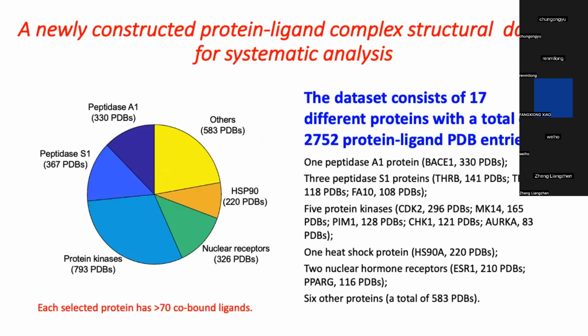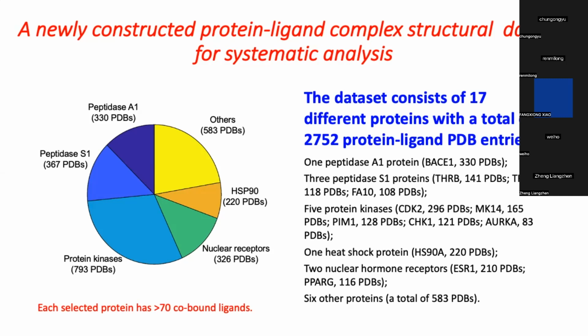This general strategy was developed based on a systematic analysis of a constructed protein-ligand complex structural data set, which is given here. We built this data set using well-known proteins. Each protein has at least 70 co-bound ligands, and there are 17 different proteins with a total of nearly 3,000 complex structures.